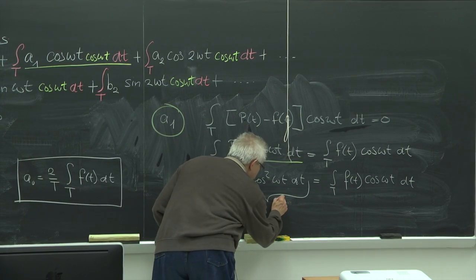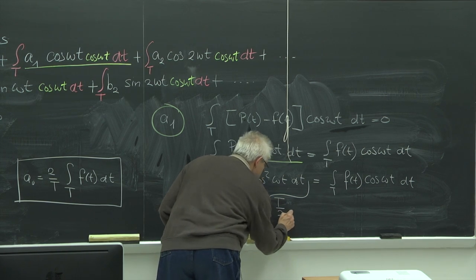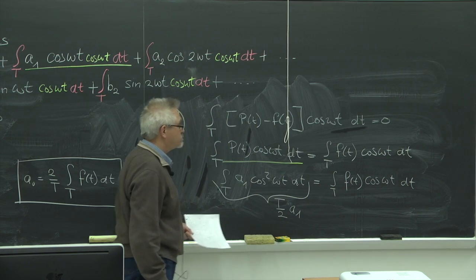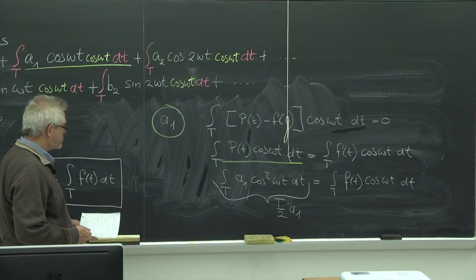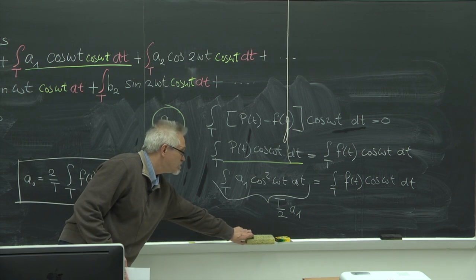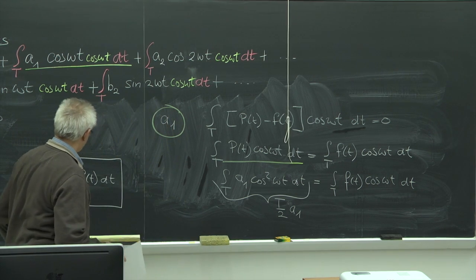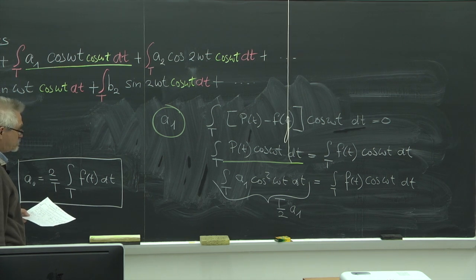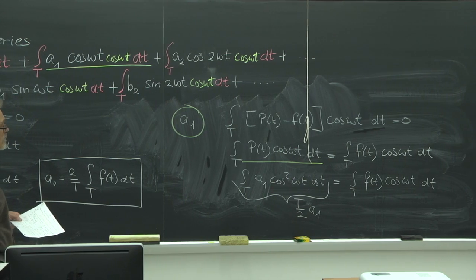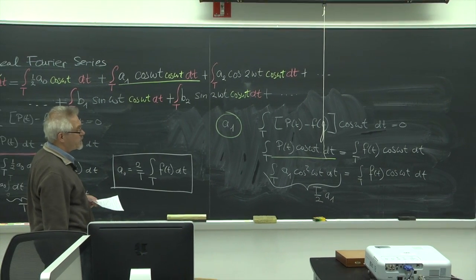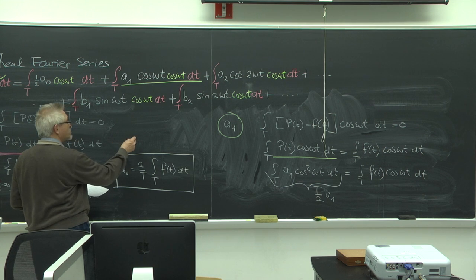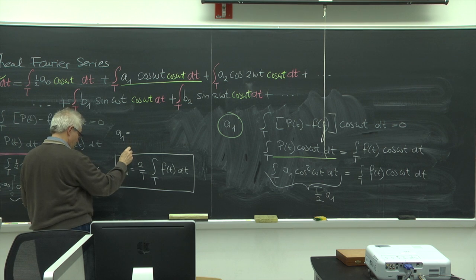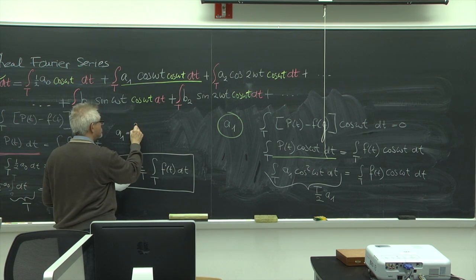That was T over 2 times a1. And in this case, if you solve for a1, I'm going to write it here above a naught, you will get this thing.